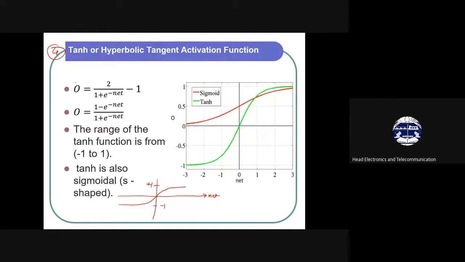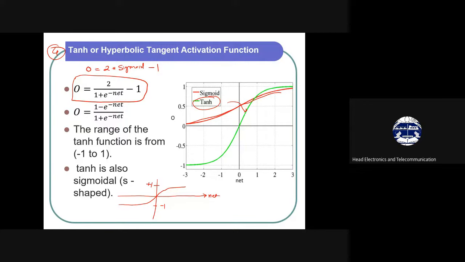The same thing you can see mathematically here. This is O equal to 2 into the sigmoid or logistic function minus 1. This sigmoid function looks like this, and the modified version of that is the hyperbolic tangent activation function, which is the tanh function.